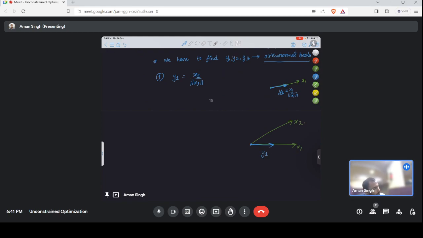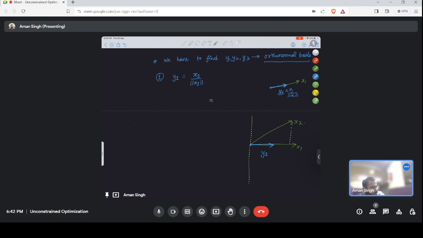Now we have to find a vector y2. So y2 will be in the perpendicular direction of y1, somewhere in that plane. How can we find a perpendicular? One thing we can do is take the component of x2 along y1 and subtract that.